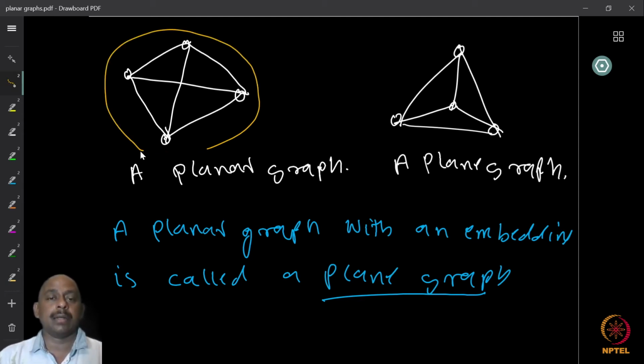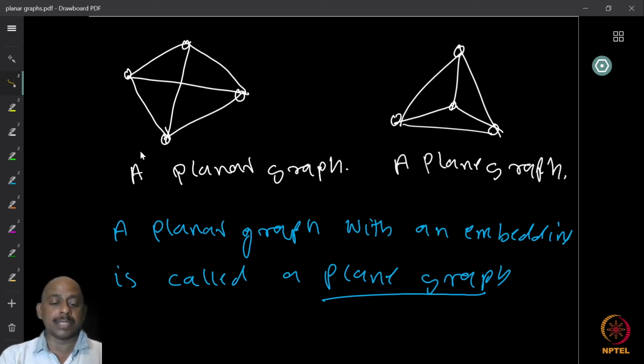The given embedding is not an embedding on the plane. But the graph is planar because it admits a plane embedding. If you look at the second picture, it's the same graph with a different embedding, which is also an embedding on the plane.